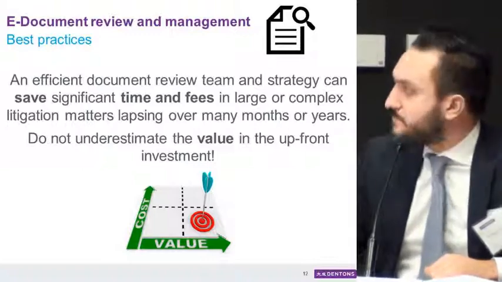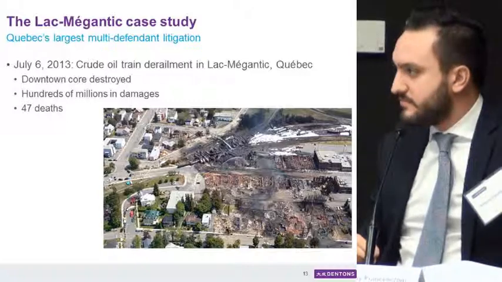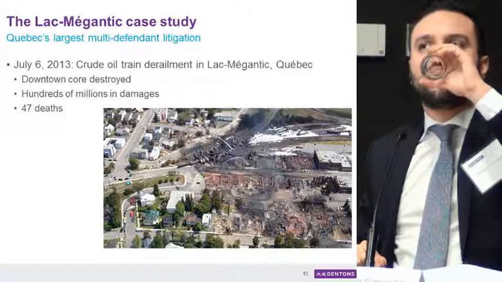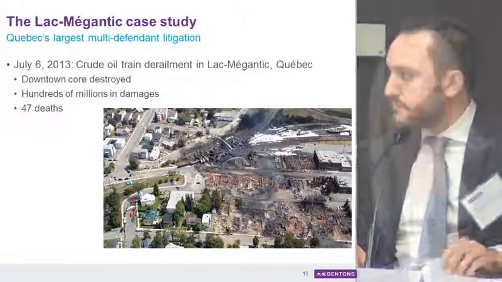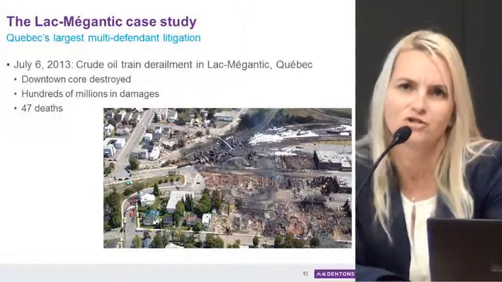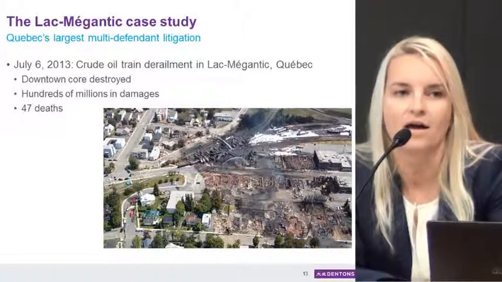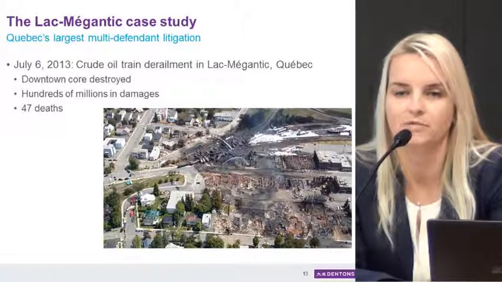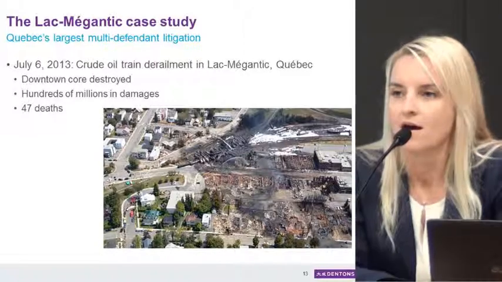So, Lac-Mégantic. I don't know if you recall that accident. It's the worst non-passenger train accident in Canadian history. The train was an MMA train, Montreal, Maine and Atlantic Company.